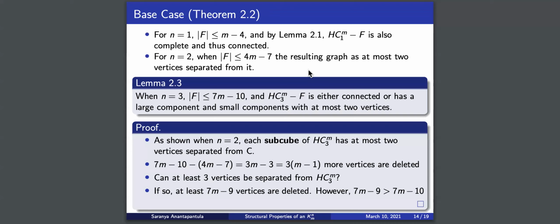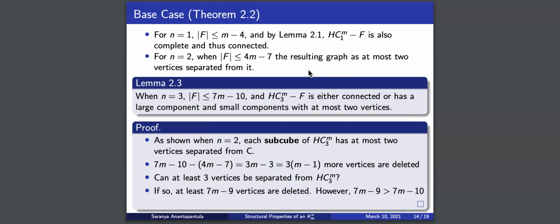So as said with the first theorem, when n equals 1 and n equals 2, our statement is true. For this proof, we need to also make sure that when n equals 3 it is also true. So when n equals 3, we delete at most 7m minus 10 vertices. Then each subcube has at most 2 vertices separated from it, according to the lemma when n equals 1.